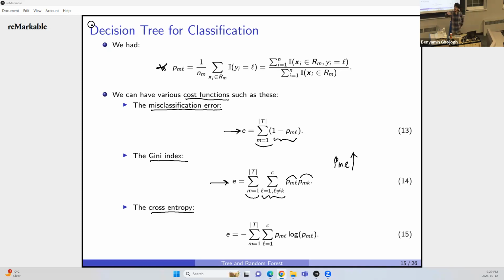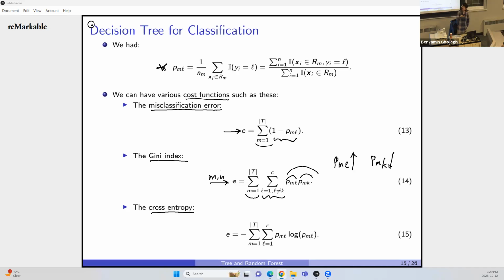Because it doesn't matter which class label it is, it's desired because it purifies that region. But when PML increases, PMK decreases, and PMK becomes close to 0. As a result, their multiplication becomes small, as desired, because I'm minimizing this. I want the multiplication to be small.